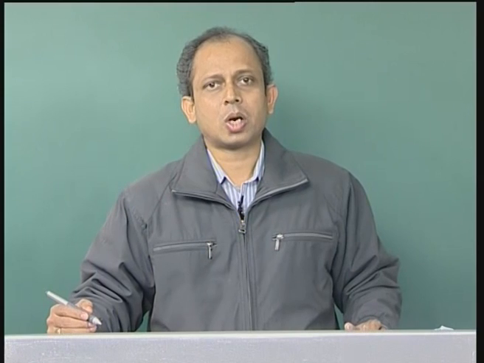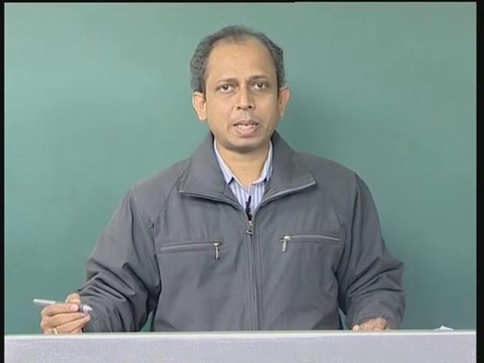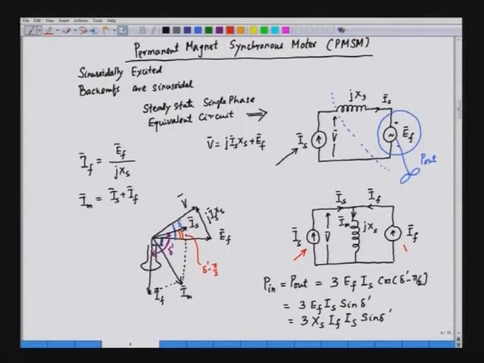So, if we excite the stator by a current source, the torque can be very easily controlled. The rotor is a permanent magnet, represented as IF, XS is the synchronous reactance, and IM is the resultant of IS, the stator current, and IF, the field current.